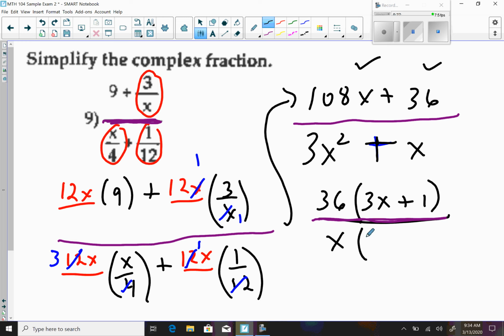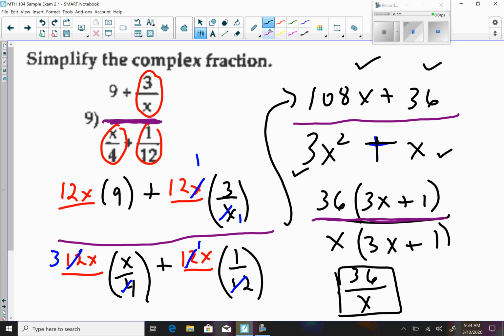X comes outside of 3x plus 1 because x times 3x is 3x squared, and x times 1 is x. Final answer is 36 over x. Because anything divided by the same thing, as long as these are factors, is 1 over 1. 36 times 1 is the numerator, x times 1 is the denominator.